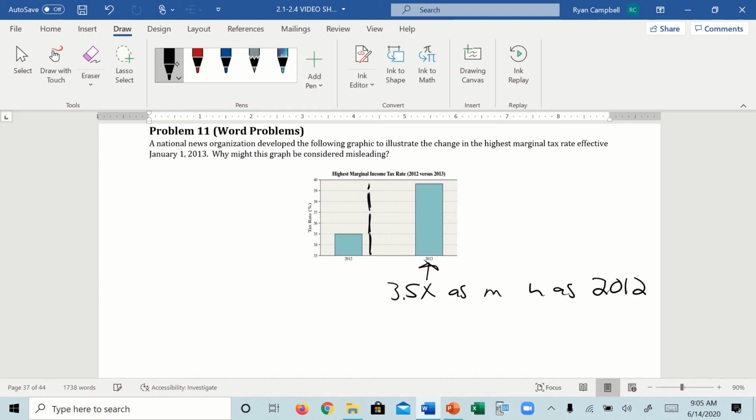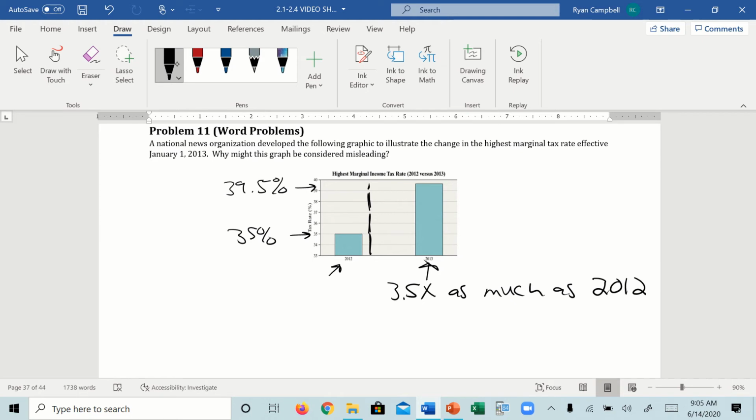That's what the graph looks like. However, if we actually look at the numbers, what is 2012? It's only 35%. What about 2013? That's 39.5%. Do you see how this is not even close to 3 times as much?